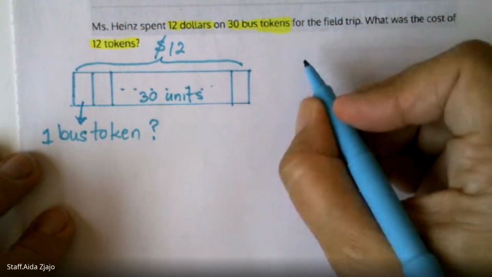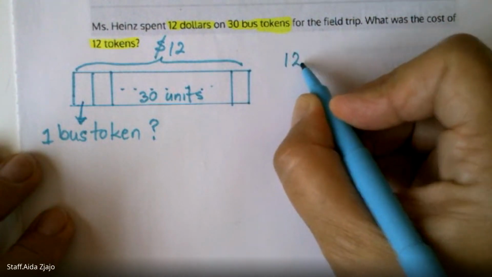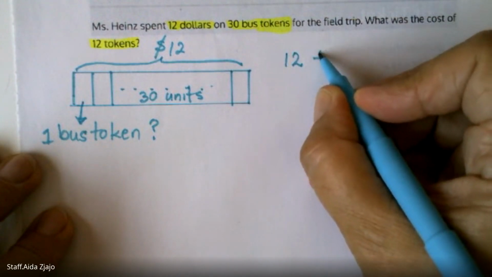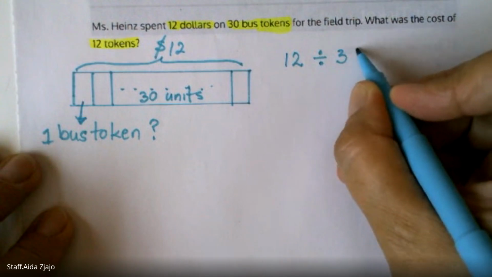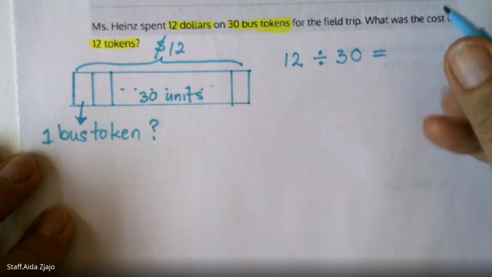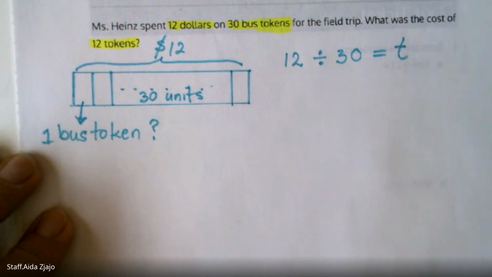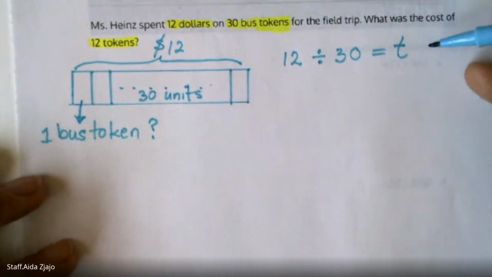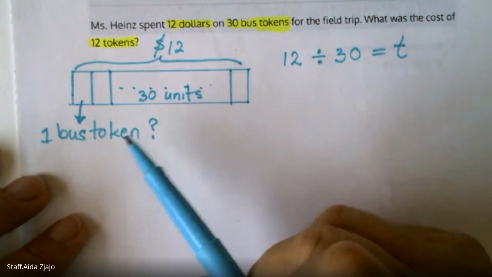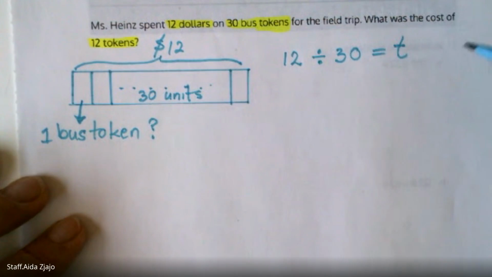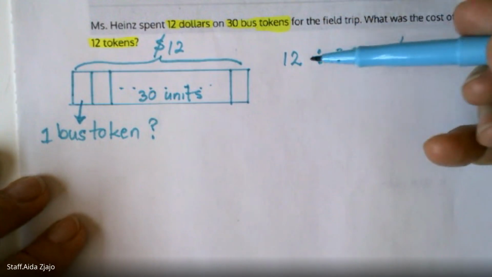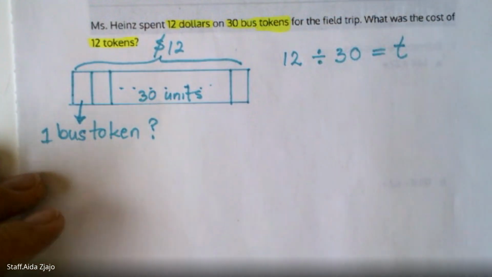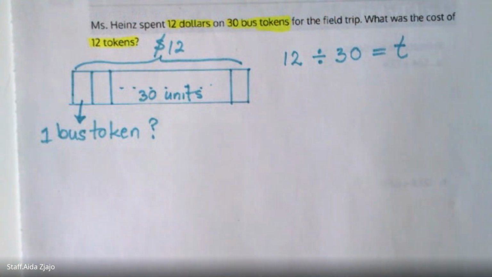So we can think about $12 divided into 30 tokens must equal how much T, or 1 token, is. We're going to use a variable T to represent the number that we don't know. We can think of this as the standard algorithm, which we could do later on, but right now we could use the strategy that we learned.